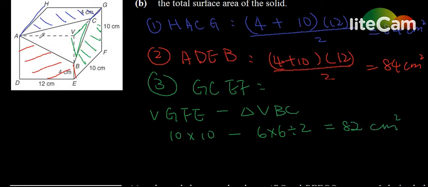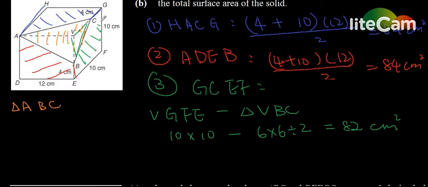And then for the next part, we need to calculate the orange part. This part is the area of triangle ABC. With this triangle, we can use Heron's formula just by the calculator.